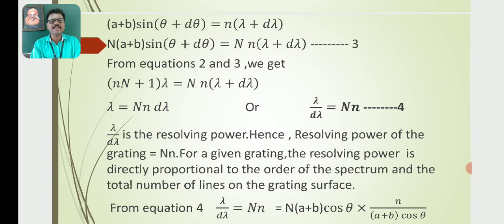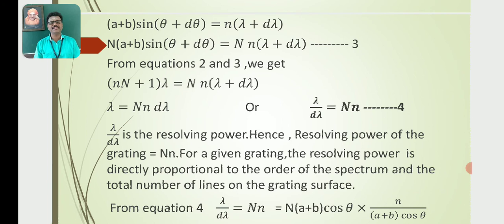For a given grating, the resolving power is directly proportional to the order of the spectrum and the total number of lines on the grating surface. So this is equation 4. In that equation, λ/dλ is the factor which indicates the resolving power of the grating.